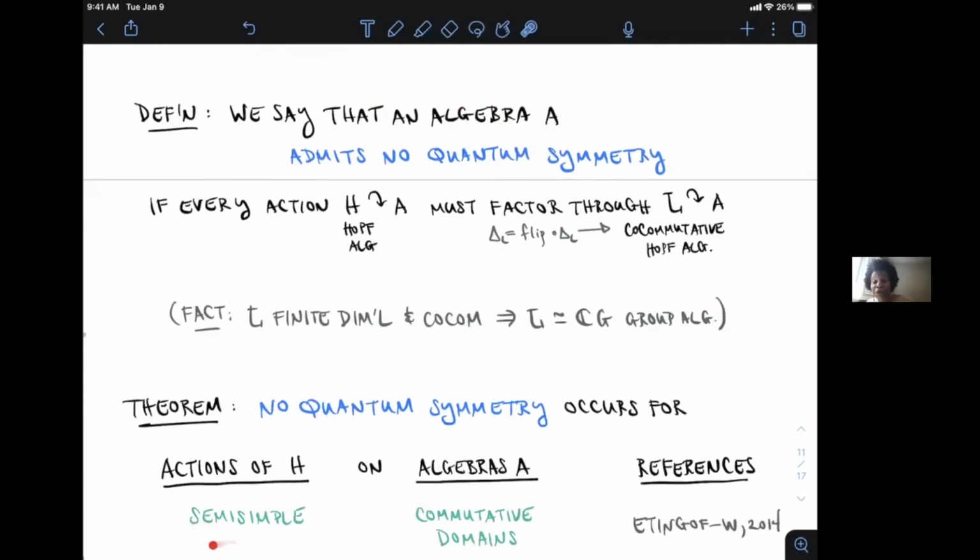These are the group theoretic ones. So if I take a commutative domain, like a polynomial algebra, nice algebras, and I act with a semi-simple Hopf algebra, this action has to factor through the action of a group, essentially. So there's no quantum symmetry in such a setting.